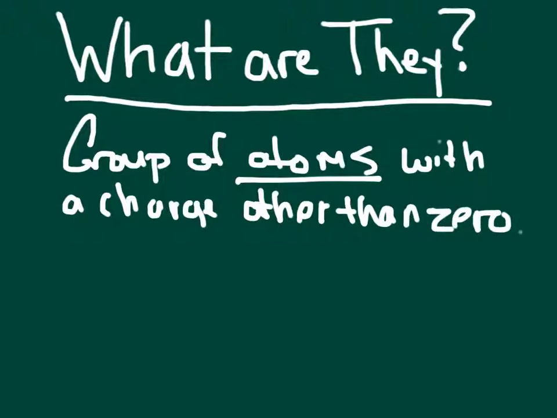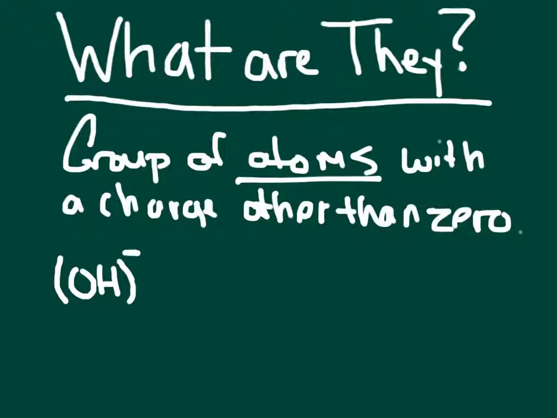What I mean by that is, for example, one of our most common polyatomic ions is hydroxide, and hydroxide is OH. If you look at a hydroxide, it's two atoms, an oxygen and a hydrogen, and they hang out together. You can treat them as if they were an element even though they're not. It has a charge of -1.